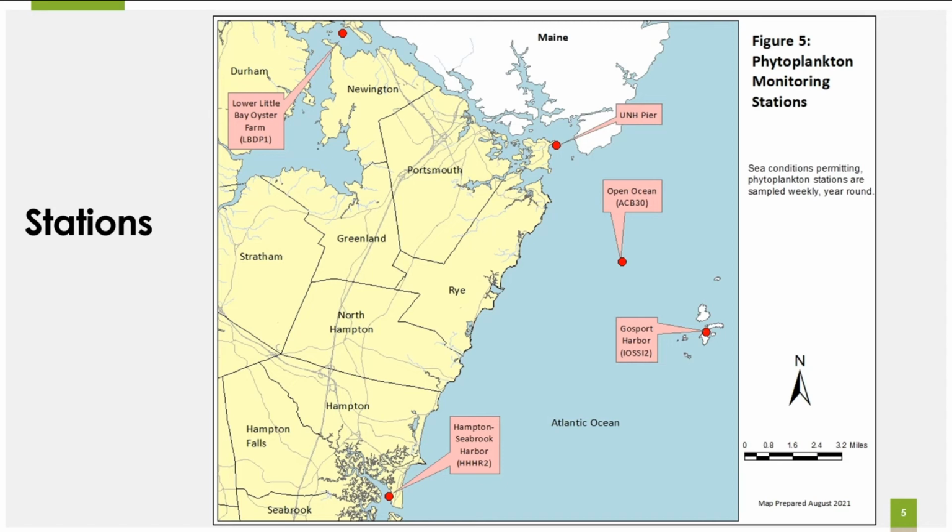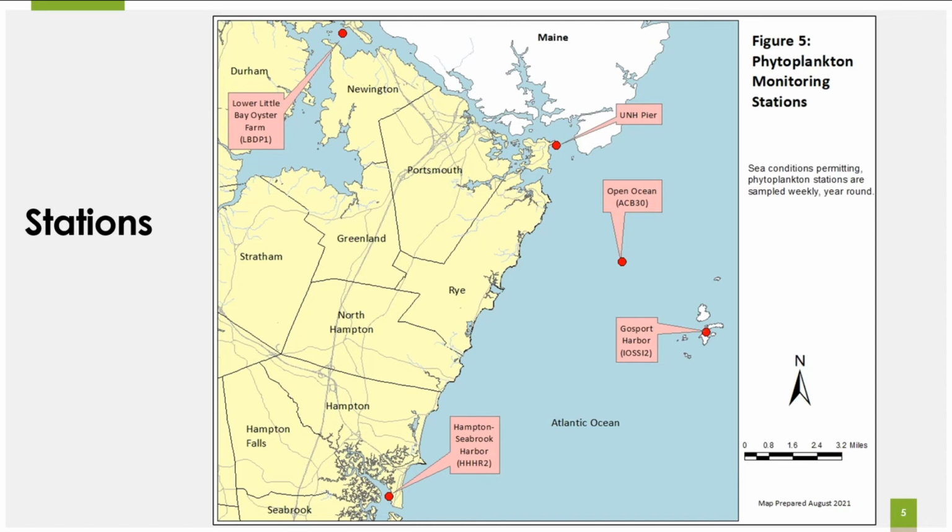There's a dock right in this harbor that we sample at. Another site that we've picked up pretty recently, sampling regularly, is in Lower Little Bay, right adjacent to a commercial oyster farm. All of these sites were chosen based on not only their accessibility, but also their proximity to active harvesting areas, whether commercial or recreational.